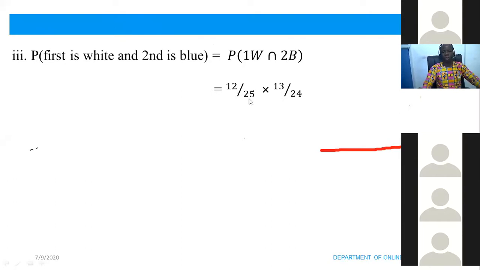Now the total number of balls will reduce by 1. So the probability of picking the second ball, which is blue, will now give us 13 over 24. And your answer now becomes 13 over 50.